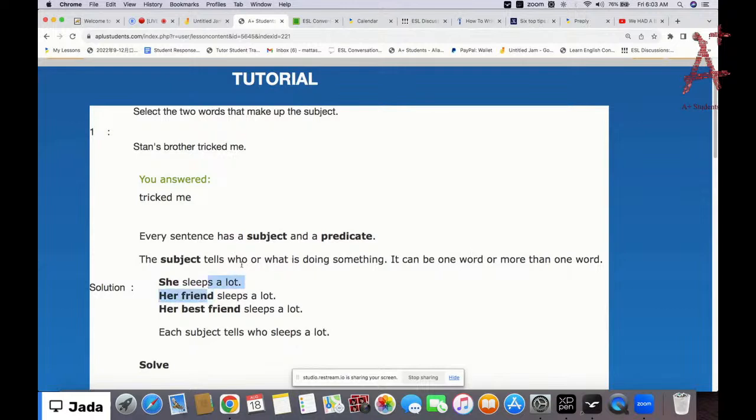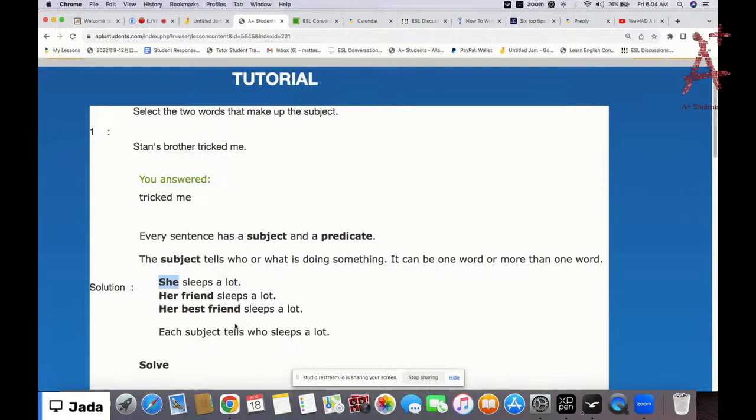She sleeps a lot. Here, she is just one word. The next one is, her best friend sleeps a lot. Her best friend is three words. Just like it says, it could be one word or more than one word.